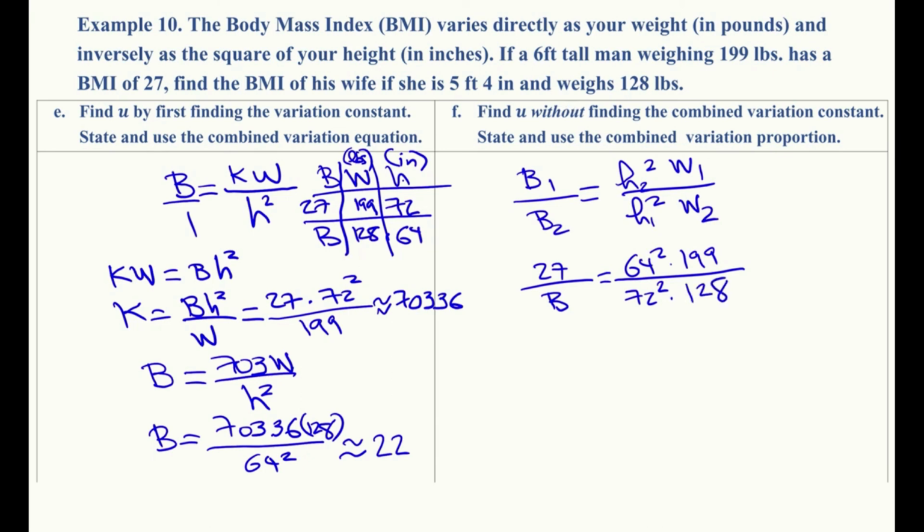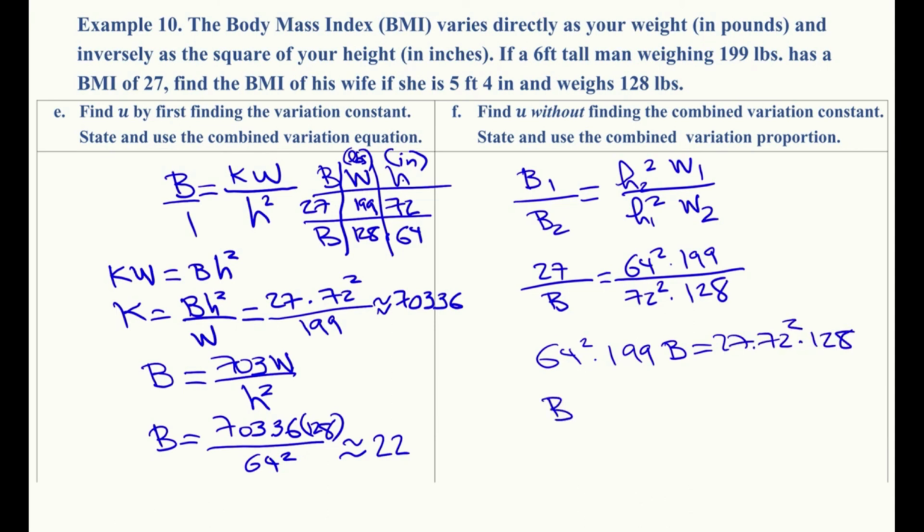Now if we cross multiply, we get 64 squared times 199b equals 27 times 72 squared times 128.